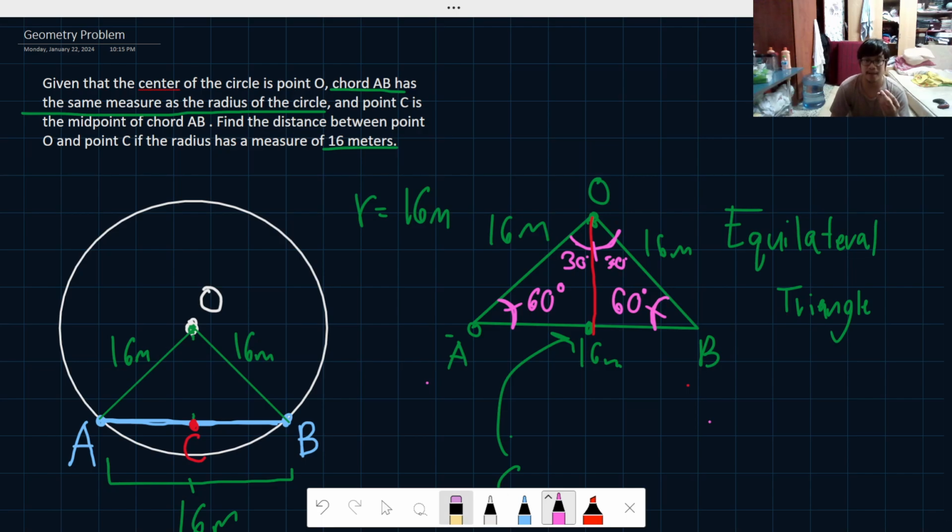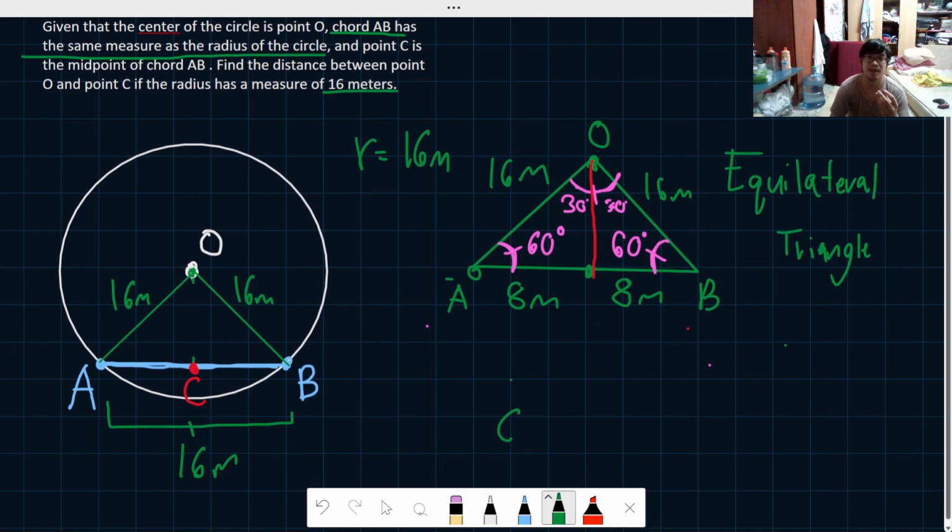And likewise, now that we cut the triangle in half, this 16 meters, we can divide it into two, in which we will have 8 meters on both sides. So from A to the midpoint, we have 8 meters, and from the midpoint to B, we also have 8 meters.